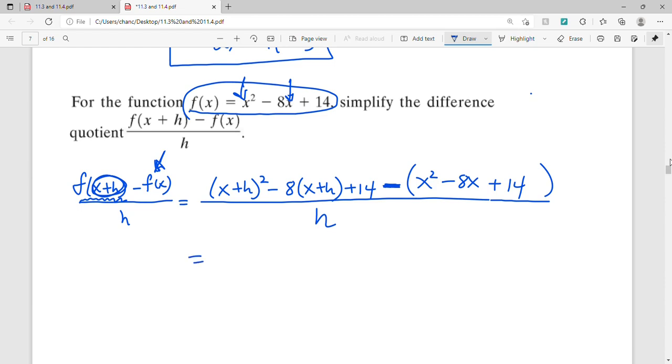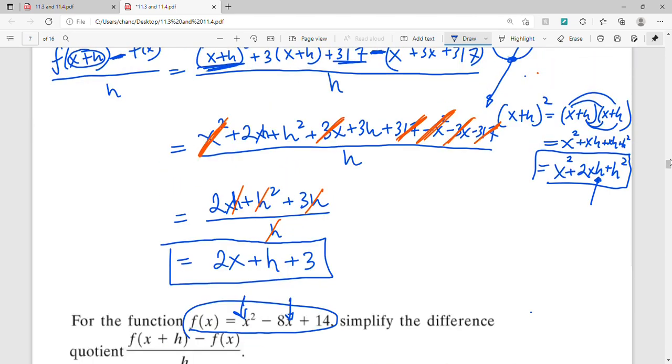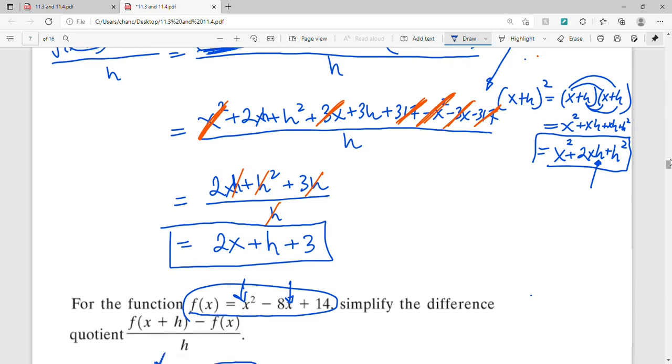And as I said earlier, this part, we did the scratch work in the previous problem. This is just x squared plus 2xh plus h squared. That scratch work is already up here. We've done that earlier. But if you don't know how to do that, make sure you FOIL that out on your own.